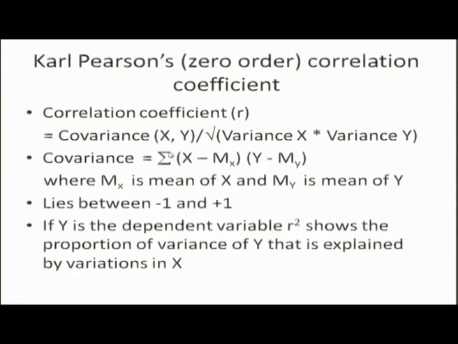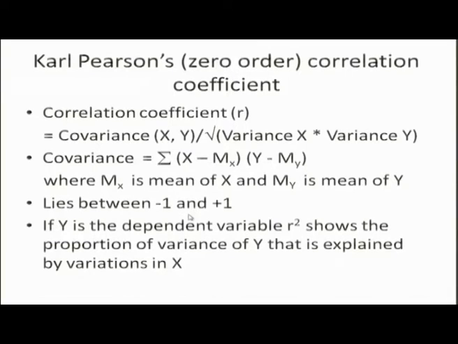The major contribution to covariance comes from here, and this is actually the indicator of whether X and Y go together or not. But if you are asked to calculate covariance, you must calculate it as sigma of x minus mx, y minus my, divided by n, or total number of cases.